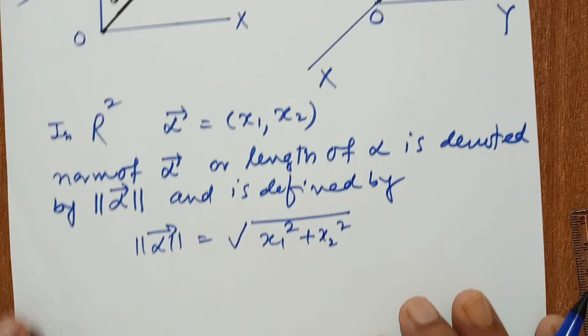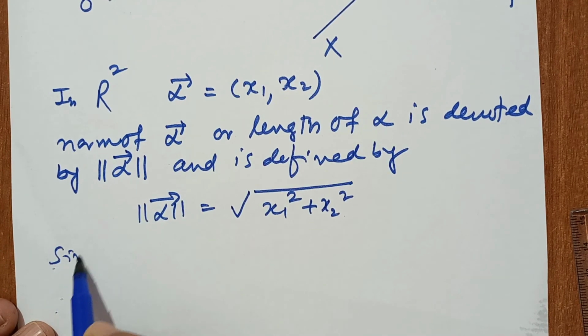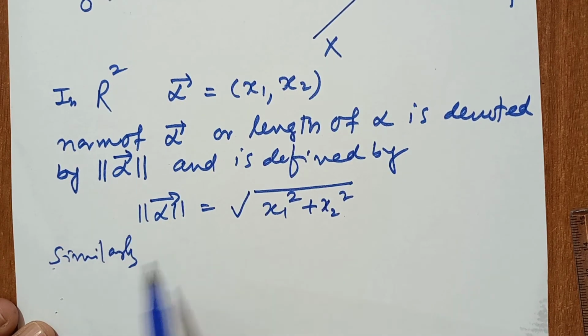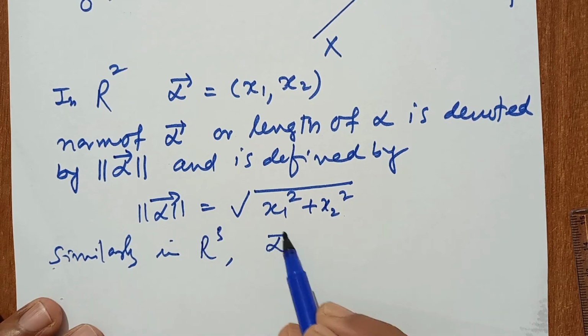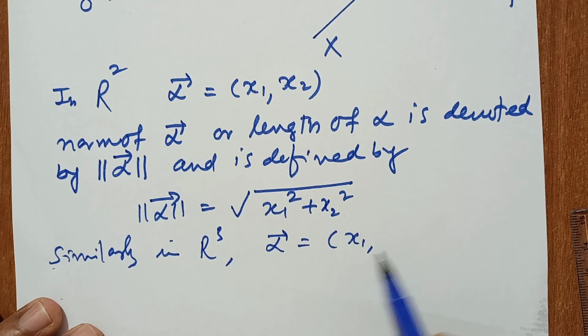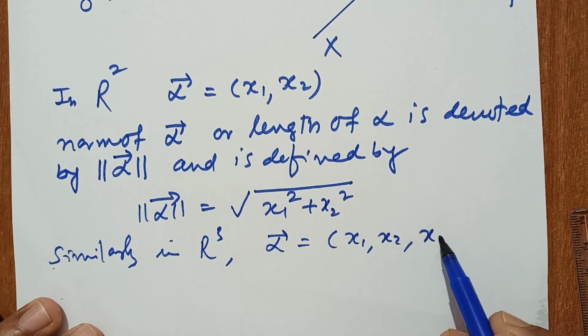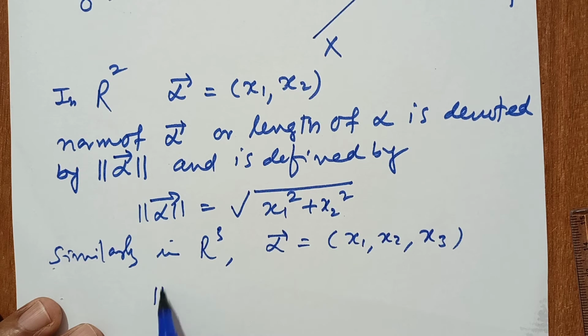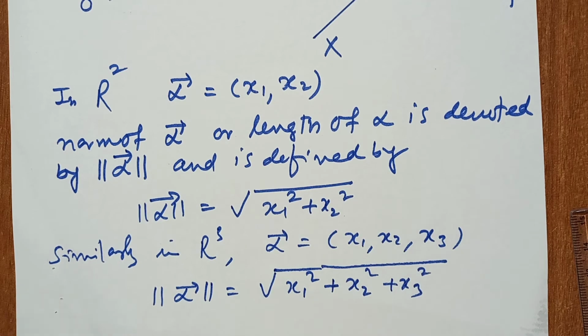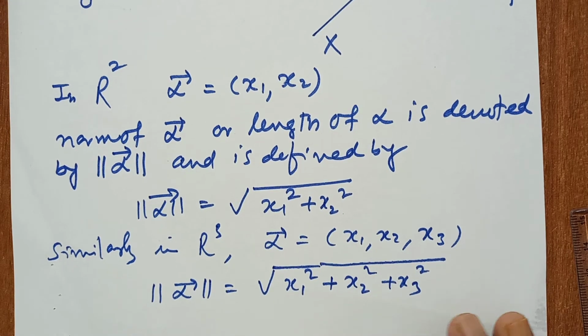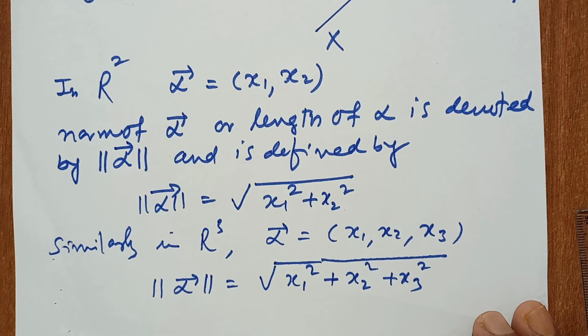So similarly in R3, alpha can be written as x1, x2, x3, and norm of alpha equals the square root of x1 square plus x2 square plus x3 square. Mathematicians also generalized this for n-dimensional space.